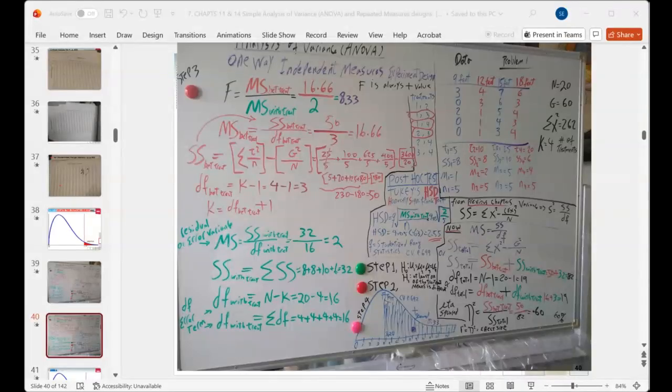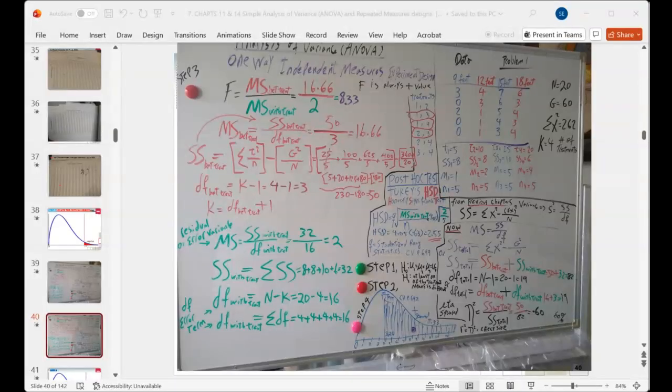MS within, green on the left side, is 2. And N is 5 for all of them. You solve this problem. 2 divided by 5, square root of that is 0.63, times, again, 4.05 times 0.63 is 2.55. So HSD, Tukey, gives us a number. You can see I underlined it with a double line, 2.55.